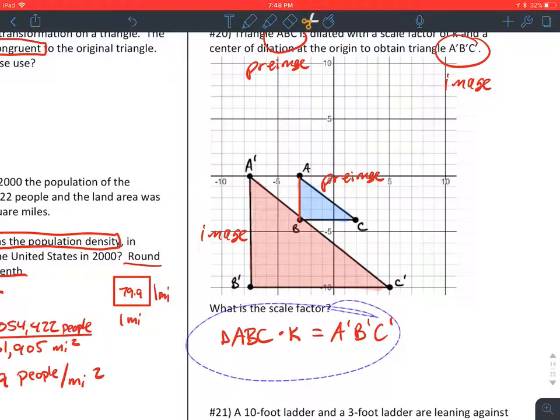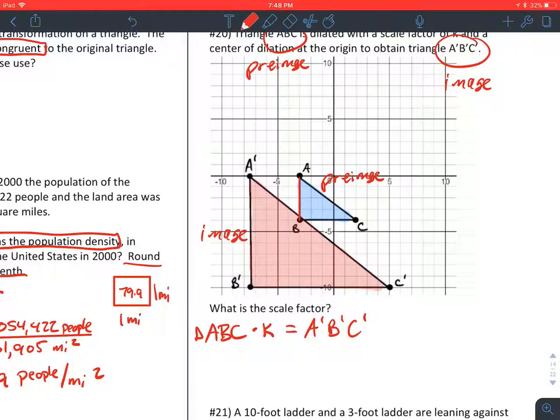So I need to take AB, its length, times some number k to get the image A prime, B prime. The length of AB is 1, 2, 3, 4. So that's 4 times k.